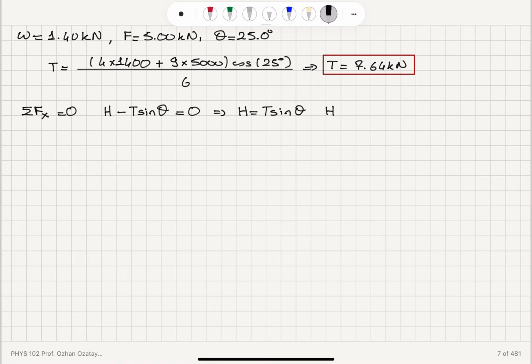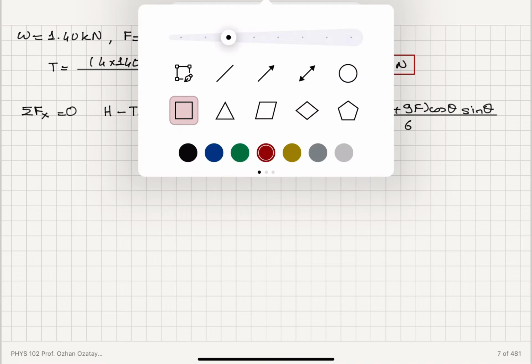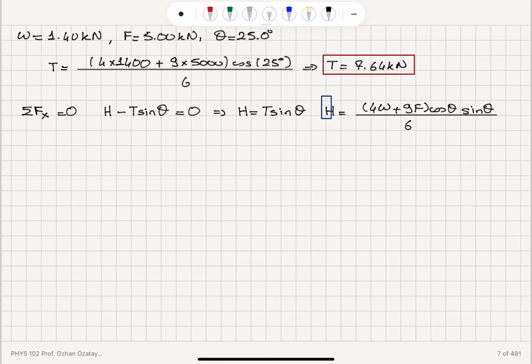So that is basically, if I substitute what I have found for T, 4W plus 9F cosine theta sine theta divided by 6. So that's basically the horizontal force on the pivot.